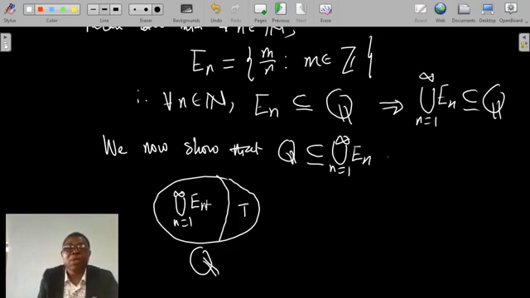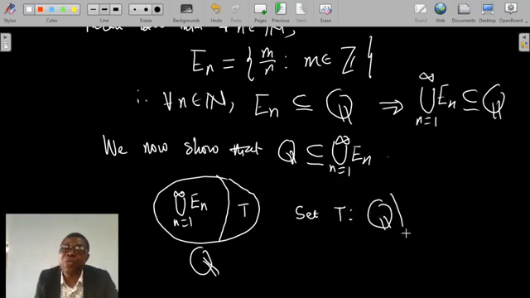So let me continue by showing that T is empty. Observe that by this picture I've painted, we can set T to be equal to Q without the union n equals 1 to infinity of En. I'm defining T to be this.